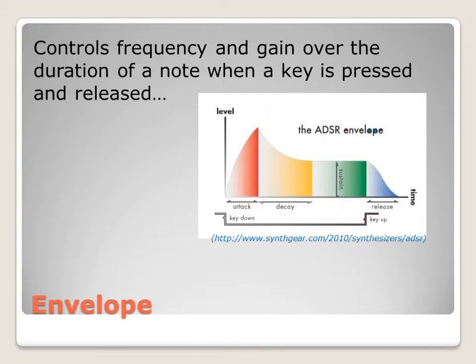The envelope is the module that controls the frequency and the gain over the duration of a note when, say, you press the key on the keyboard and release it. Usually we refer to this as the ADSR envelope, and there are 4 parameters that this includes. The first is the attack, which is how long the duration of that phase is when the key is pressed. Here it's shown as kind of an exponential, a little bit of a curve, but this can also be linear. So you can change the slope and the duration.